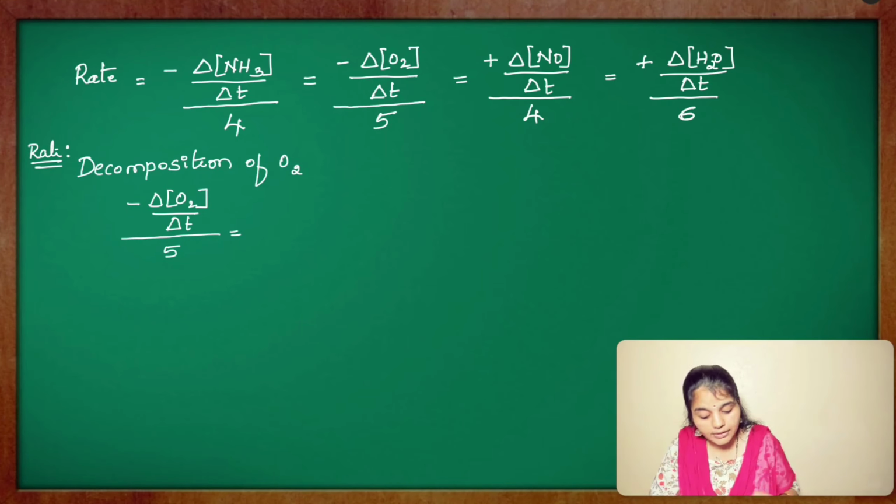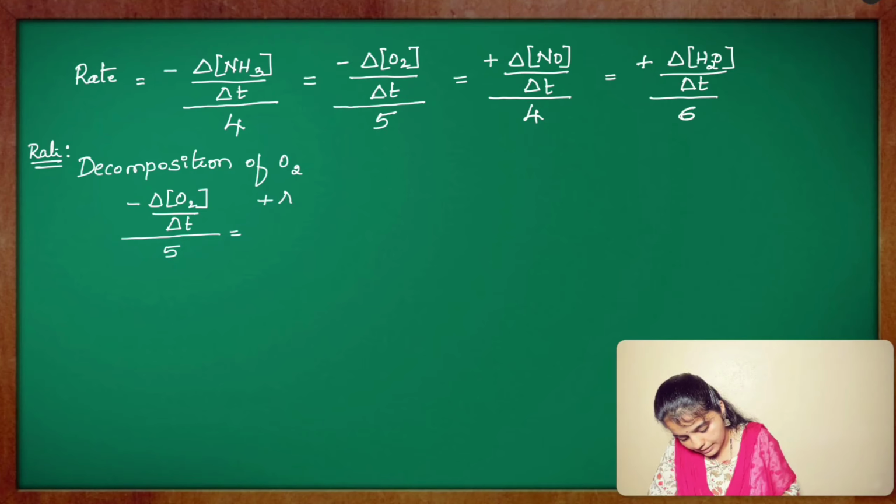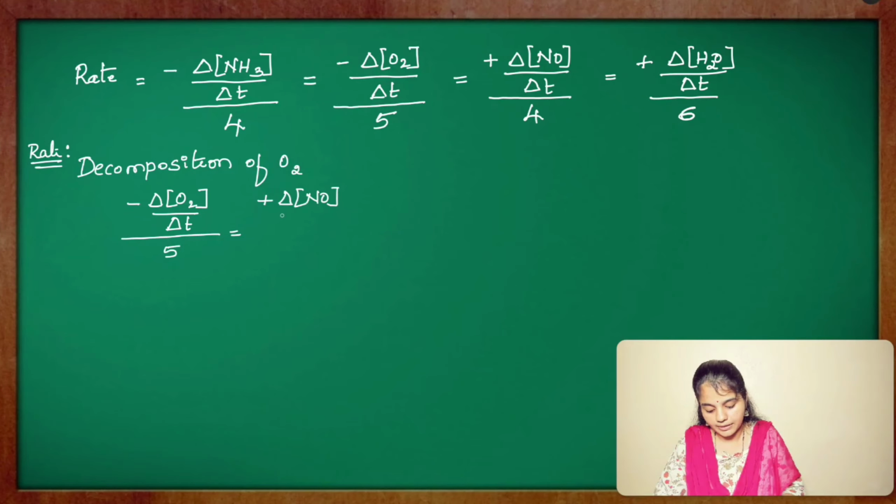We are provided with the rate of formation of NO. So plus delta concentration of NO divided by delta T, which is divided by 4.